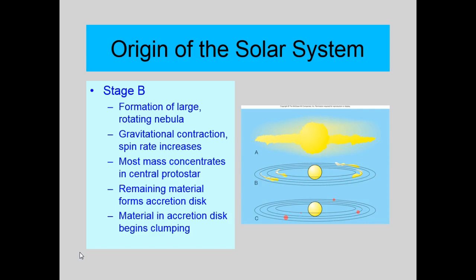Now, notice this isn't clear and precise like this. There's probably still explosions going on and stuff flying around and stuff being pulled in and stuff being shot out. It's a busy time. It's an unstable time. Okay? Stability doesn't start happening until group C, stage C, where we haven't quite gotten there yet.